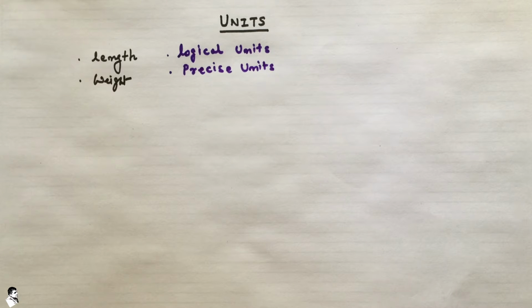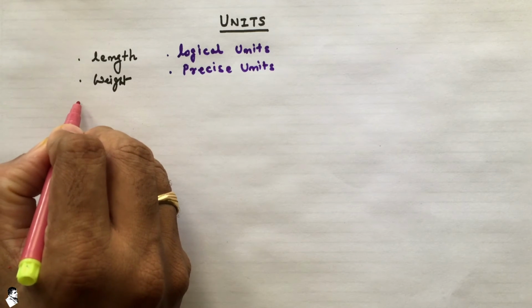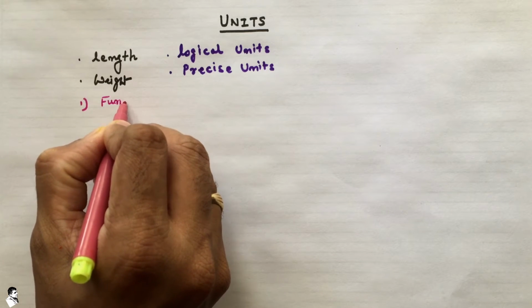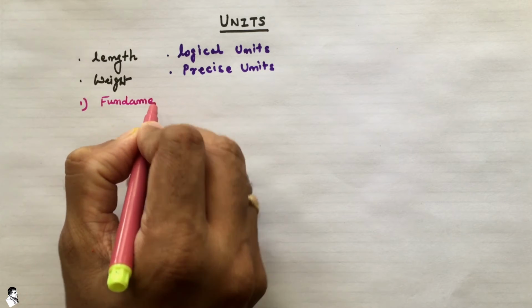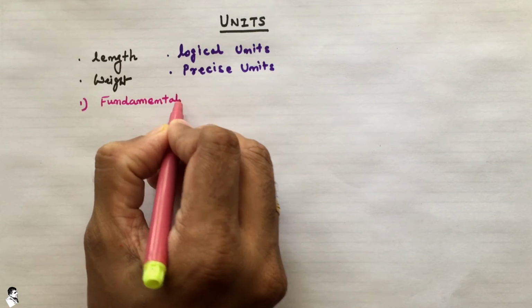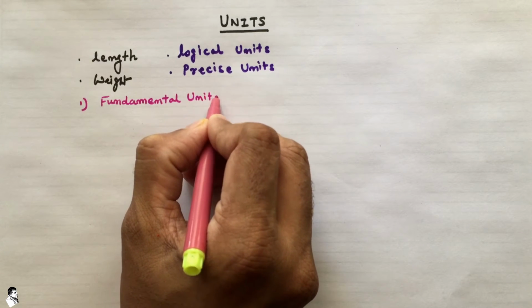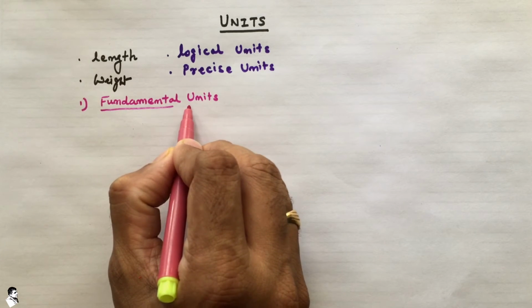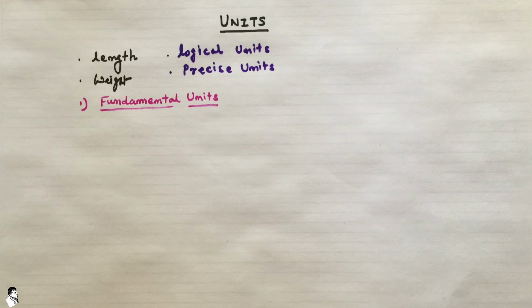Now in units there are two types of units available. Number one is known as fundamental units. Fundamental units are those types of units that are used for measuring quantities, and that are not dependent on any other unit for their existence.